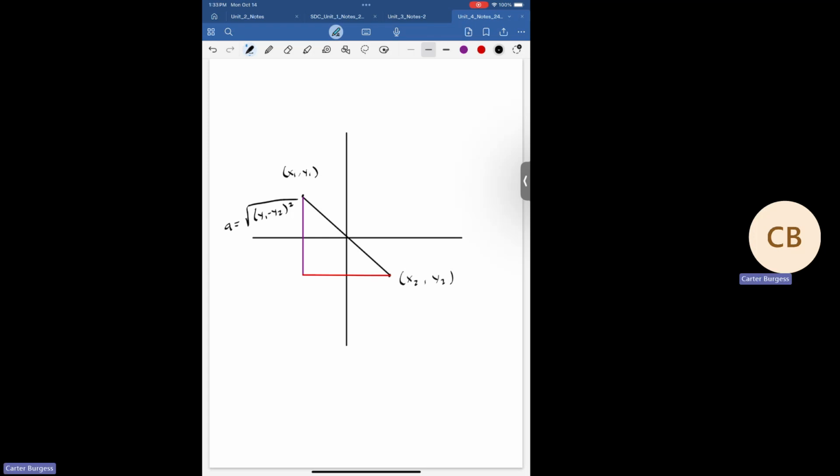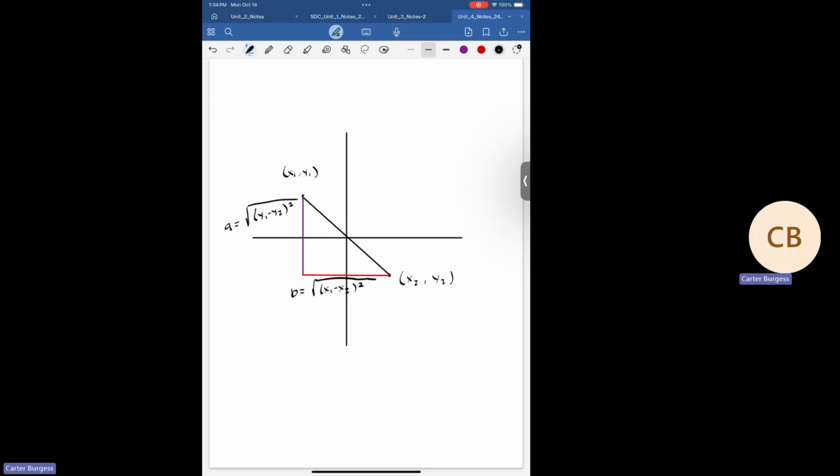And my x displacement can be found by doing the exact same thing with my x values. And again, here, whether it's x1 minus x2 or x2 minus x1, the reason why we are squaring it and then taking the square root is so that that order doesn't matter. I could mix these up.